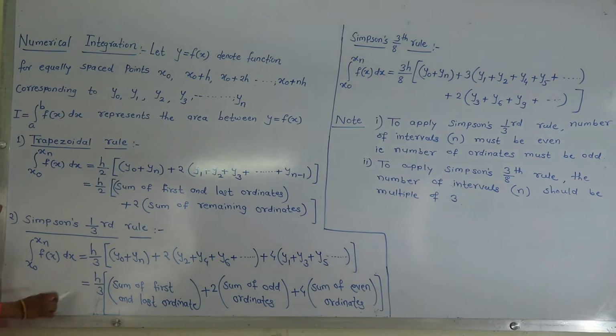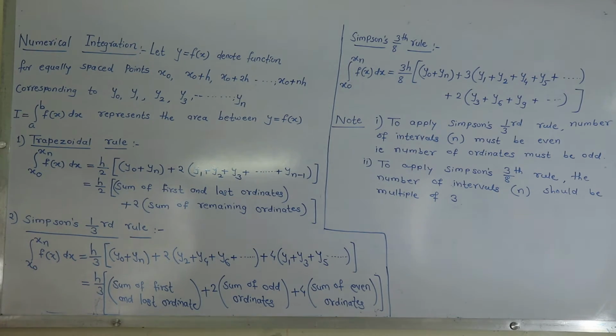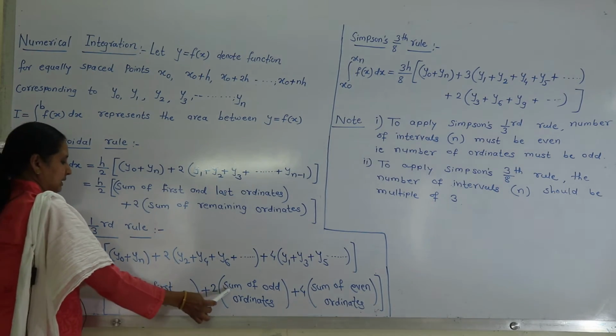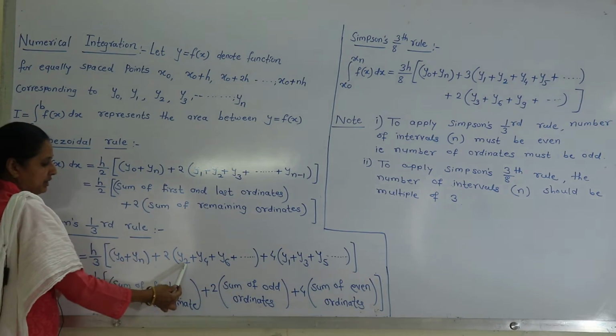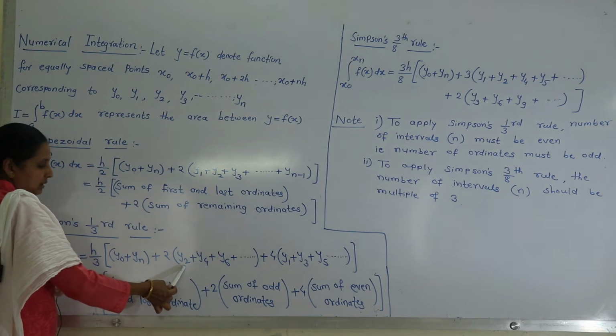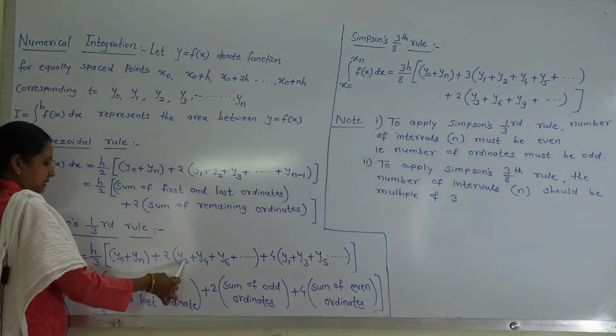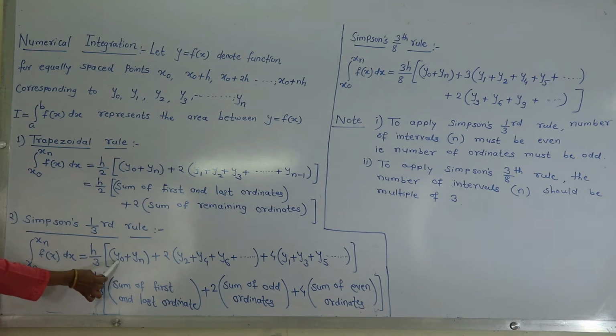Or in a simple way we can remember this as h by 3 in bracket sum of the first and last ordinate plus 2 times sum of the odd ordinates plus 4 times sum of the even ordinates. Here the suffixes are 2, 4, 6, but that does not mean even. y2 is at an odd place because the first value is y0.